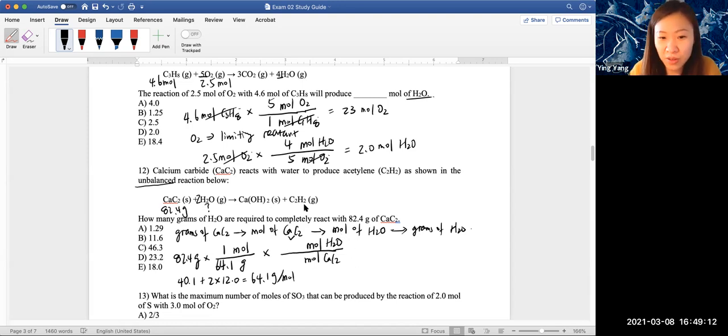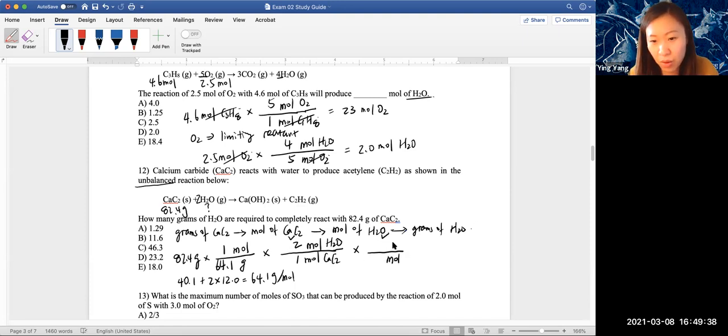Now we just go to the equation, find out their coefficients. For water is 2, and for calcium carbide, this is CaC2 here, it is 1. Simple, right? Now this is done. We found out the moles of water. Now from the moles of water, we calculate the grams, right? So again, use the molar mass. Now this time, we need to use the molar mass for water.